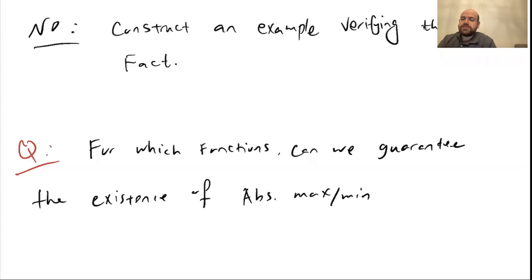Remember, for functions, local max and min may or may not exist depending on the function. Similar situation for absolute max and min, they may or may not exist. But for certain types of functions, we have a guarantee for the existence of absolute max and min.